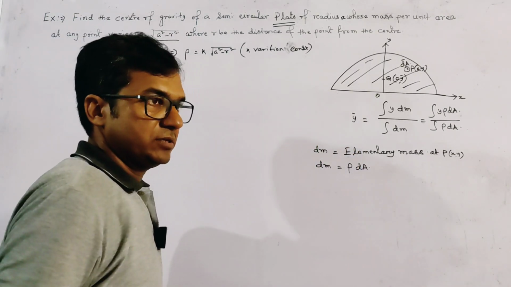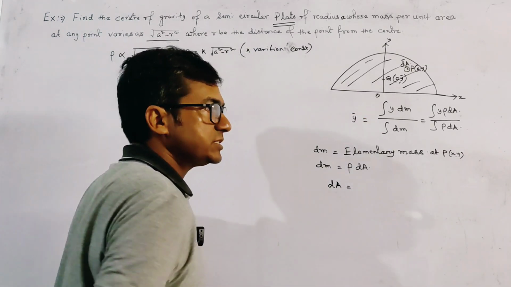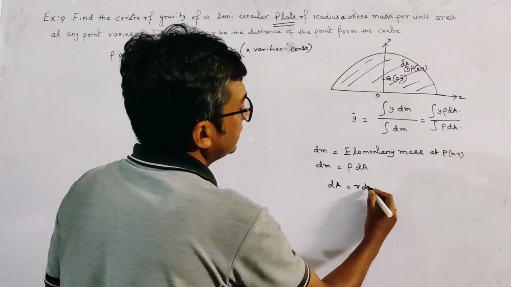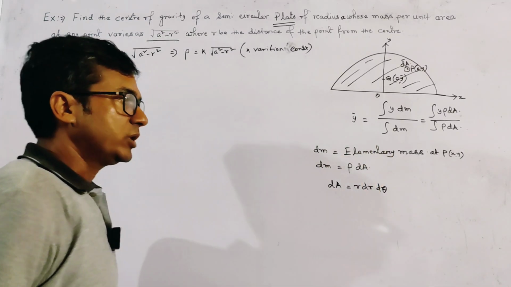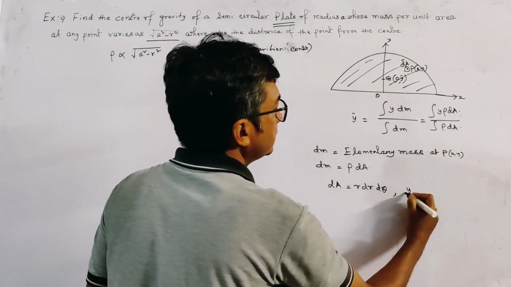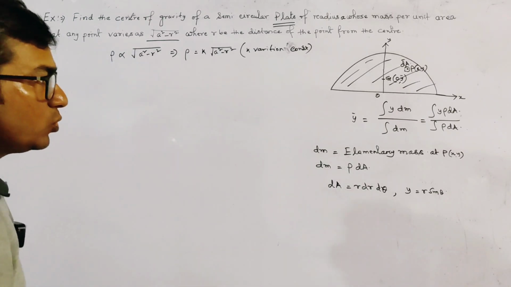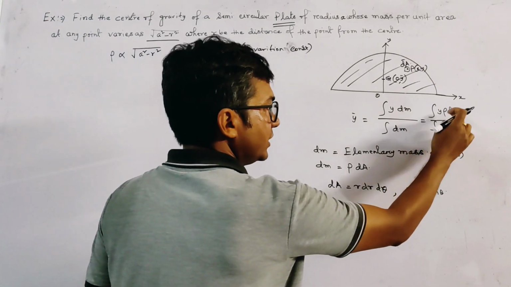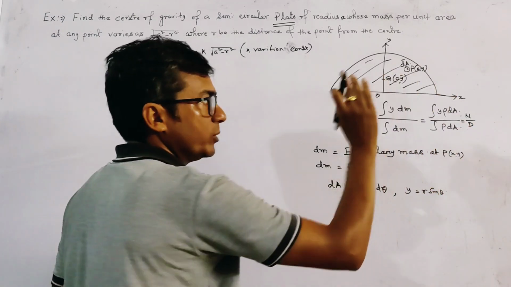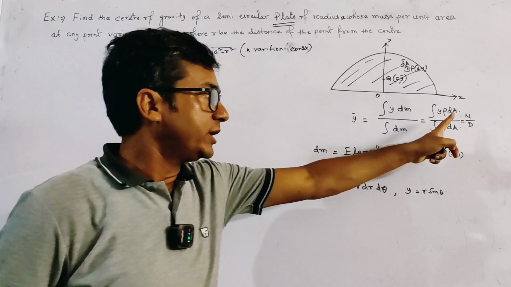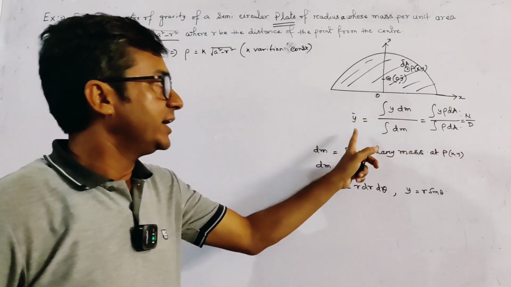In polar coordinates, the elementary area dA is r dr d theta, and y is equal to r sin theta. So let the numerator be n and the denominator be d. We find the numerator and denominator separately, then put the values of n and d to get y bar.